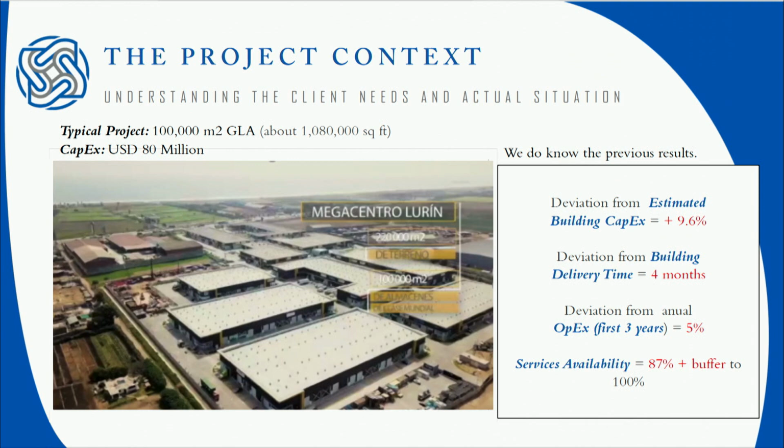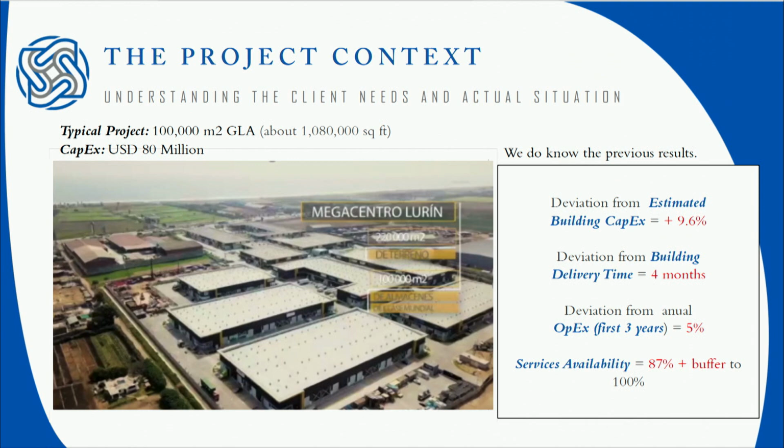What we do know are the previous results from this project. The previous result was a deviation from the estimated building capex of 9.6%, and a deviation from the building delivery time of about 4.5 months.